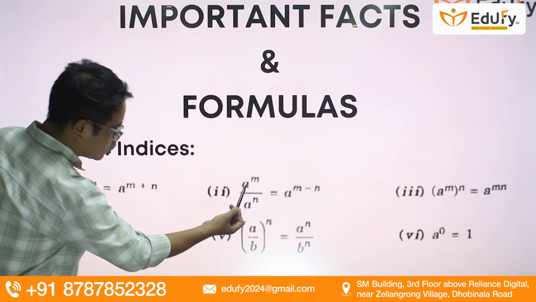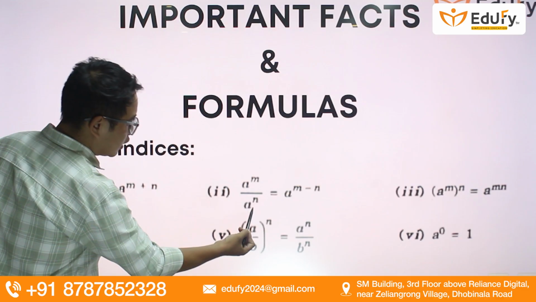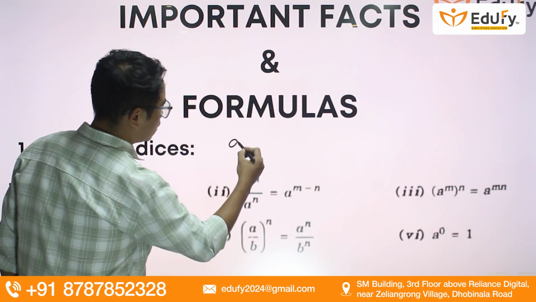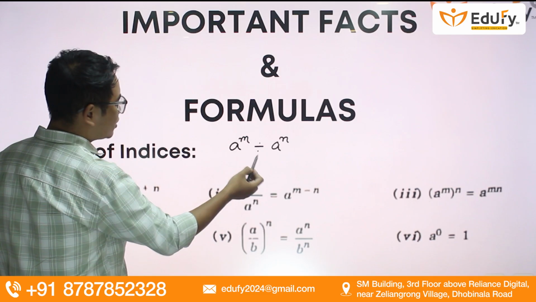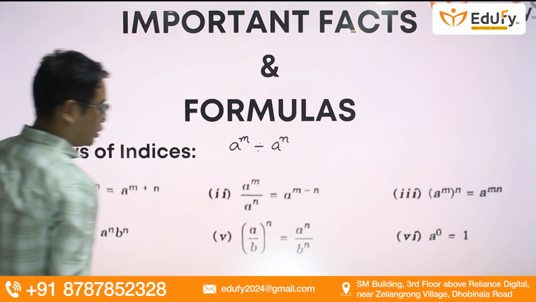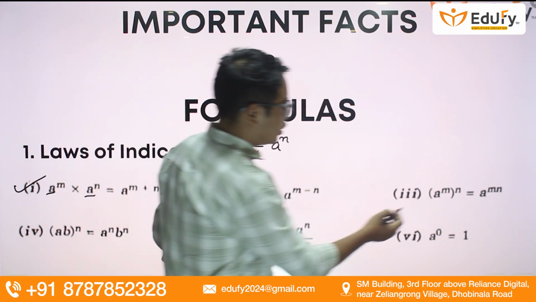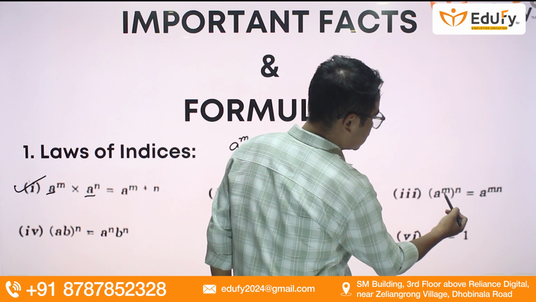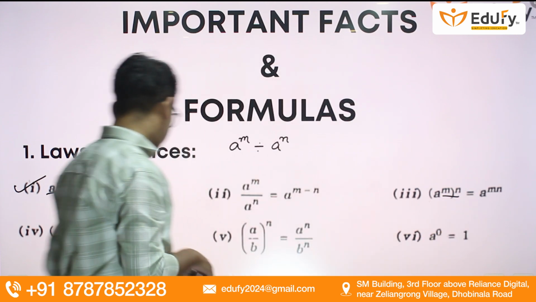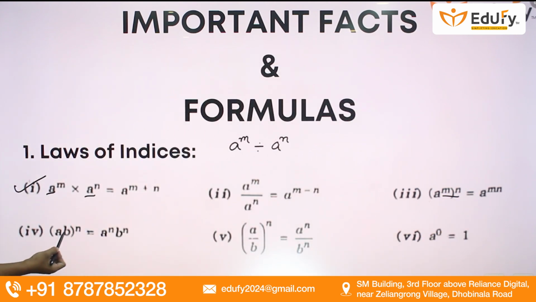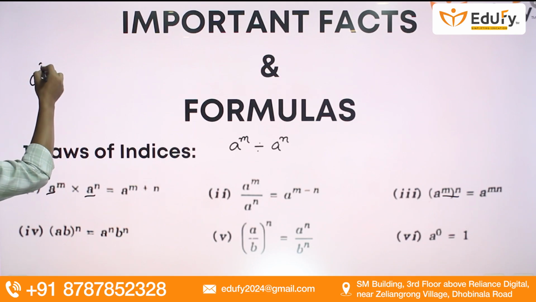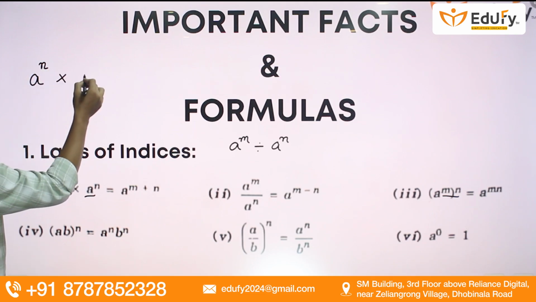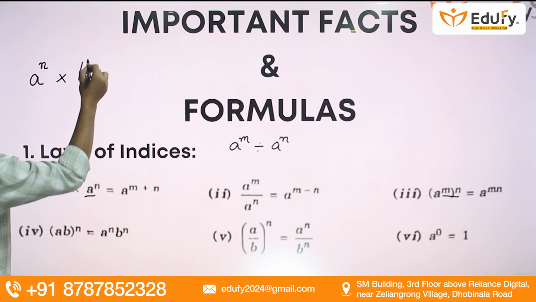When it is division, a to the power m divided by a to the power n, this is sometimes also written as this, which means the same thing. Even here, division means we have to subtract the powers. Then we have the third one, a to the power mn, which is just multiplication. Then here the base is different but the powers are same, so let's say a to the power n multiplied by b to the power n.